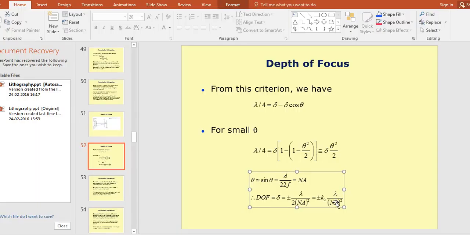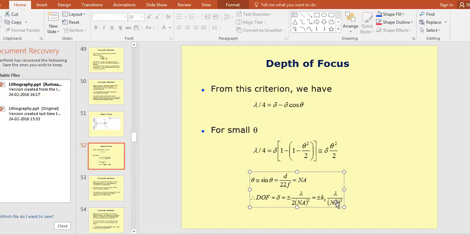in simple terms, if we say, we are taking a picture of an object which is at some distance from us. Suppose this is a tree and I have to take a picture using a camera from some distance. So depth of focus is the distance which I use to focus the object.